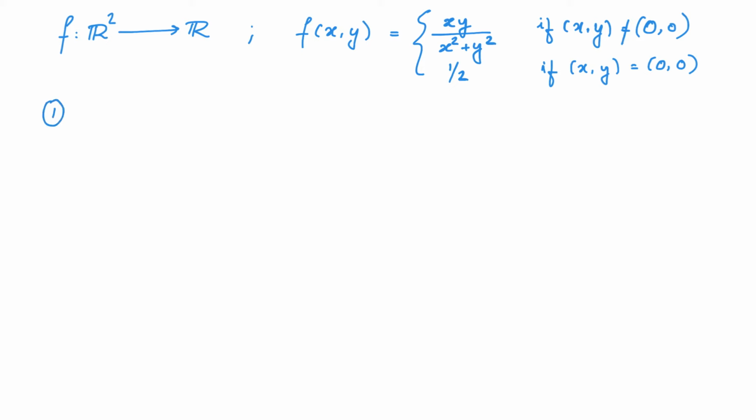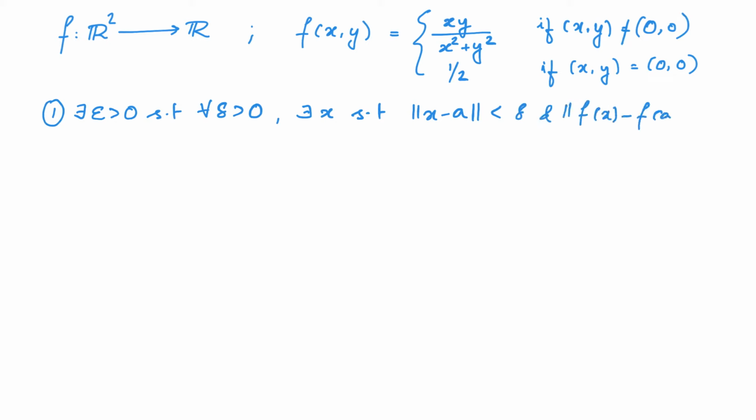The first condition said that there exists an epsilon greater than 0 such that whatever delta you take, you can find an x such that norm of x minus a is less than delta and norm of f of x minus f of a is greater than epsilon.